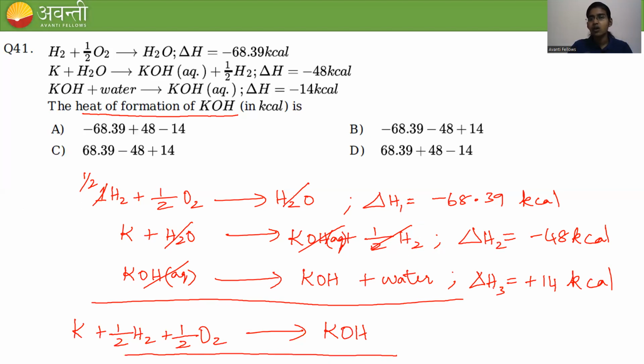You will get the final delta H for the formation of KOH, which will be equal to delta H1 plus delta H2 plus delta H3. It is nothing but minus 68.39 minus 48 plus 40. Okay, so where it is given in option B. So option B is the correct answer for this question.